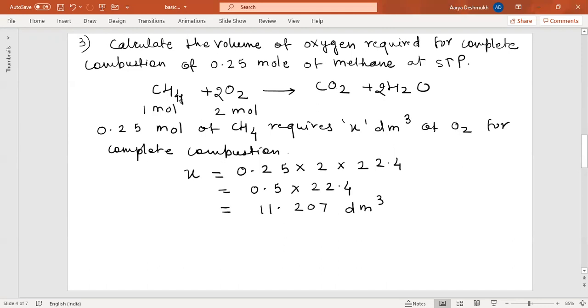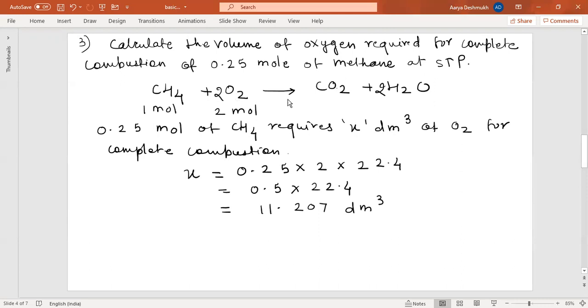So here we calculated x. Again, 0.25 mole of CH4 requires x dm cube of oxygen for complete combustion. This is the number of moles, and it is to be multiplied by 2 into 22.4. Why did we multiply it by 2? Because there are 2 moles.